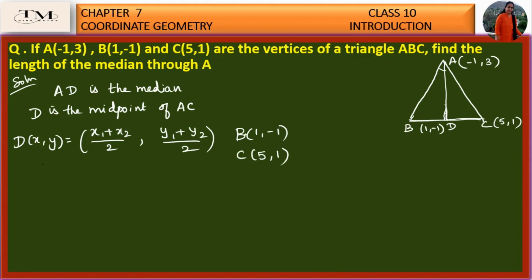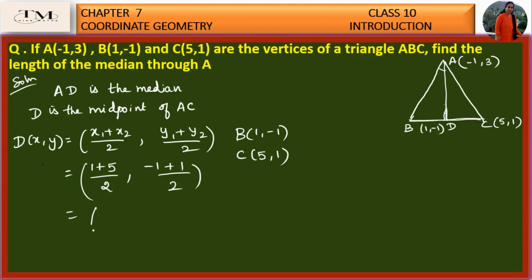So D is the midpoint of BC. So now we have to find out the coordinate of D. So it is x1 plus x2 by 2. So add the x coordinates 1 plus 5 divided by 2, comma, add the y coordinates. So minus 1 plus 1 divided by 2.